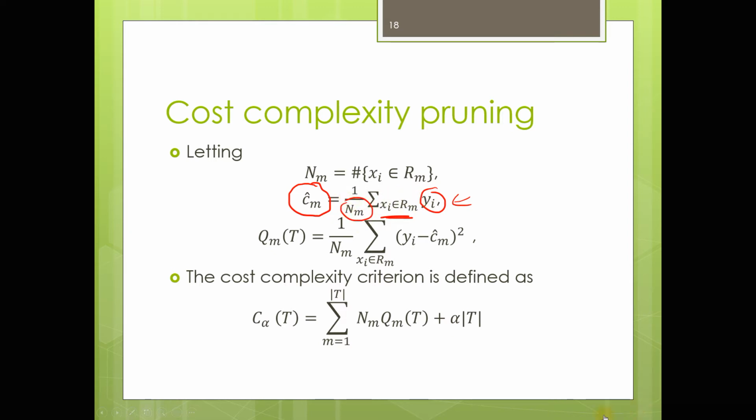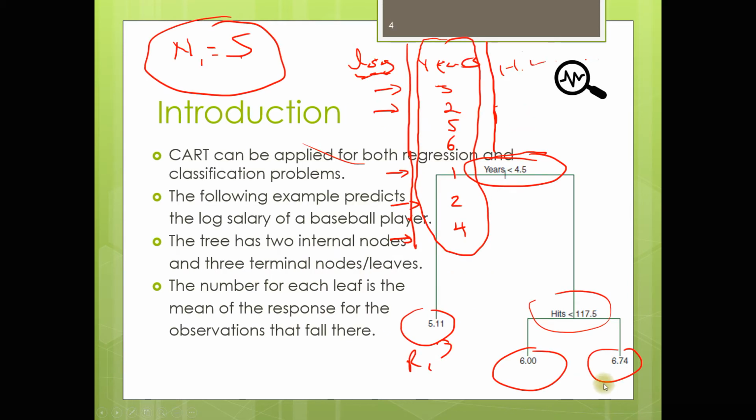Let's get back to the example to illustrate that. Just like you have years, you would have a log salary for each and every player within the data set. You would have 5.0, let's suppose 4.5, something like 7.1, 4.5, things like that, okay? So what is the idea of c cap 1? c cap 1 is simply the average of all the values within the region concerned.